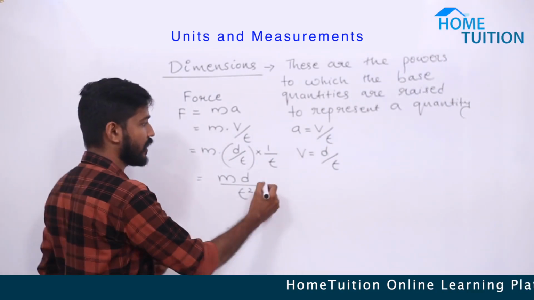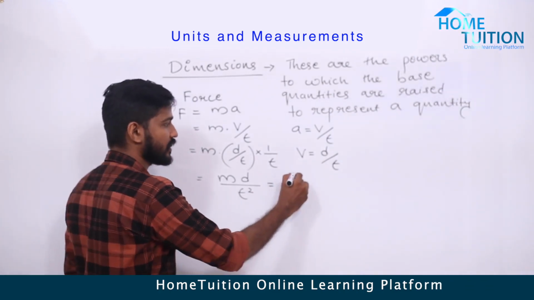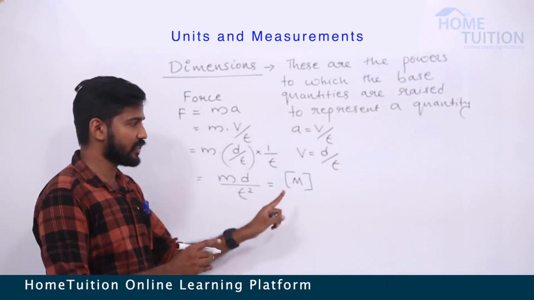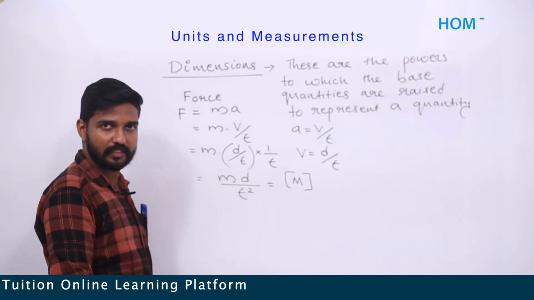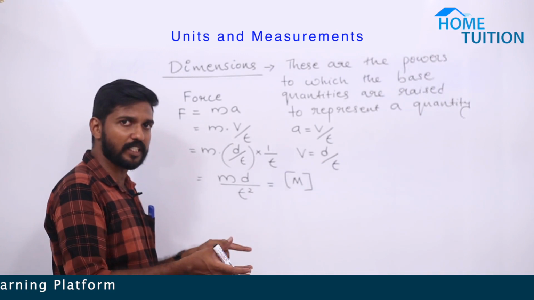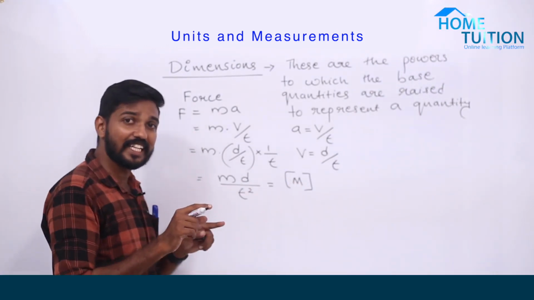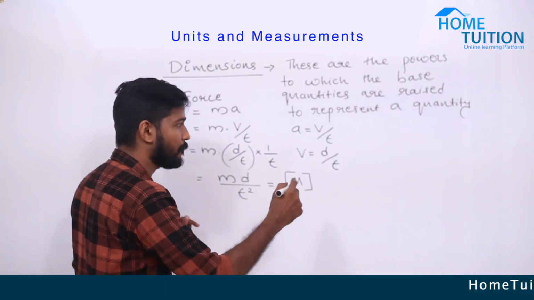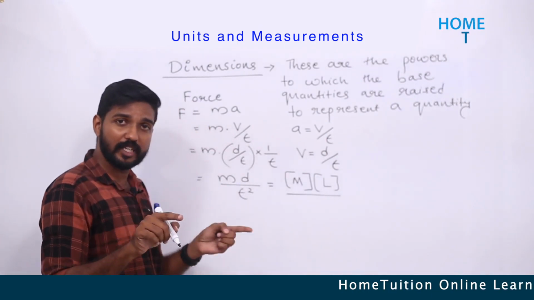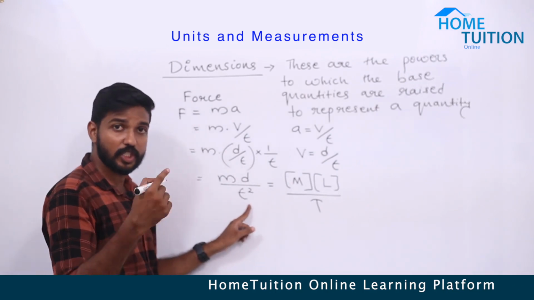Now listen carefully. Mass m can be represented as capital M in a square bracket. Distance, that is length, right? So if mass is represented as capital M, then length will be represented as capital L, and time will be represented as T. So we have T square.